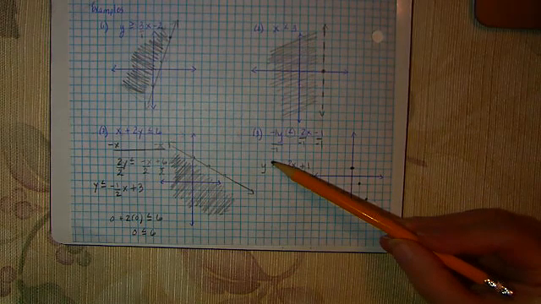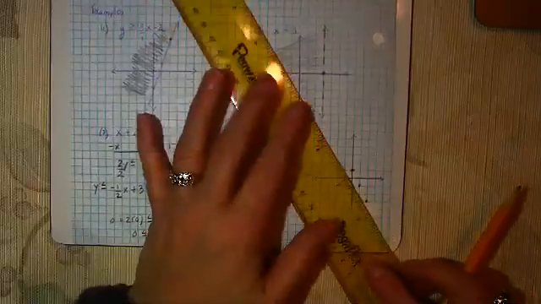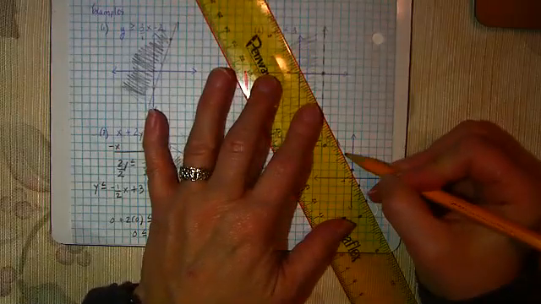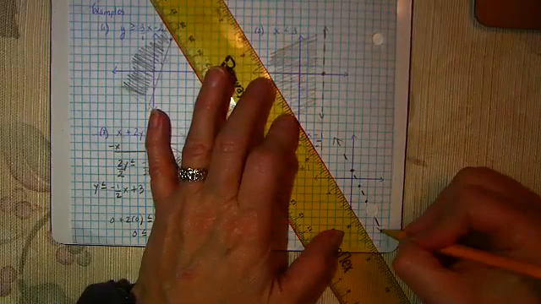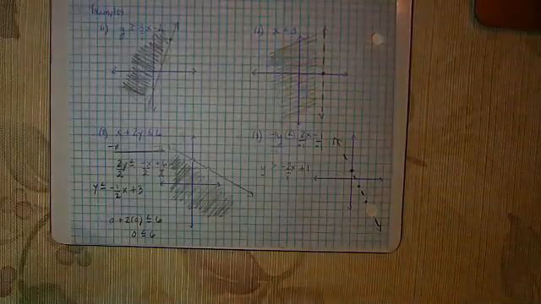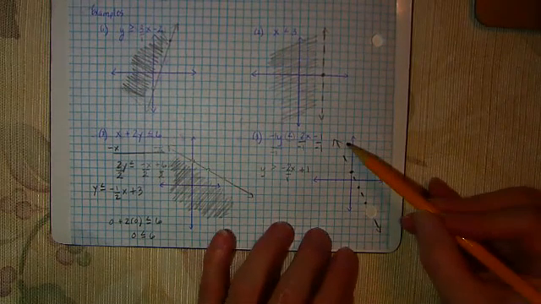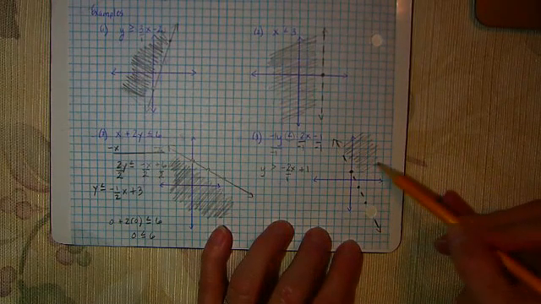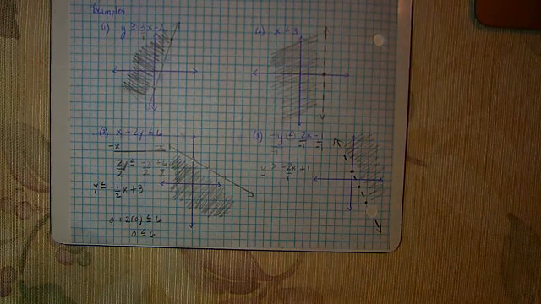It says greater than, does not say equal to, so we are going to have to make a dashed line this time. Greater than, we are going to shade above. All right. There you go.